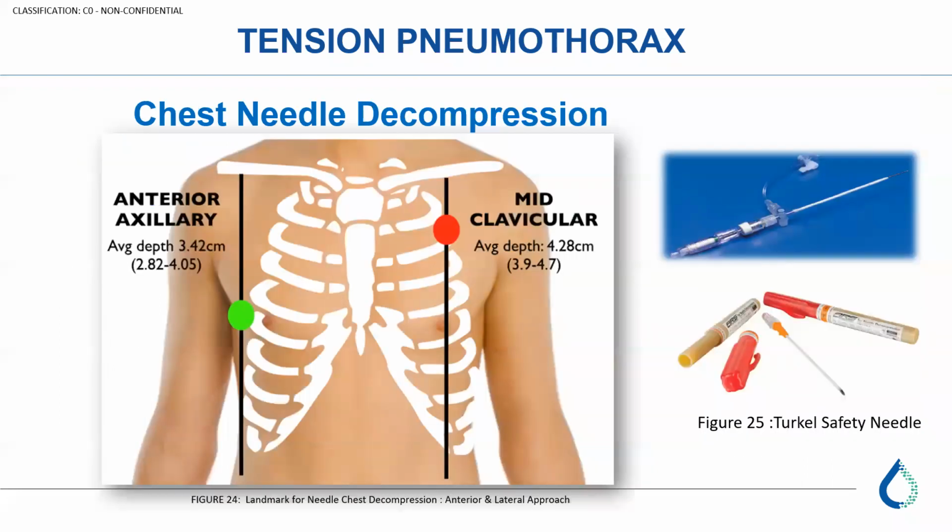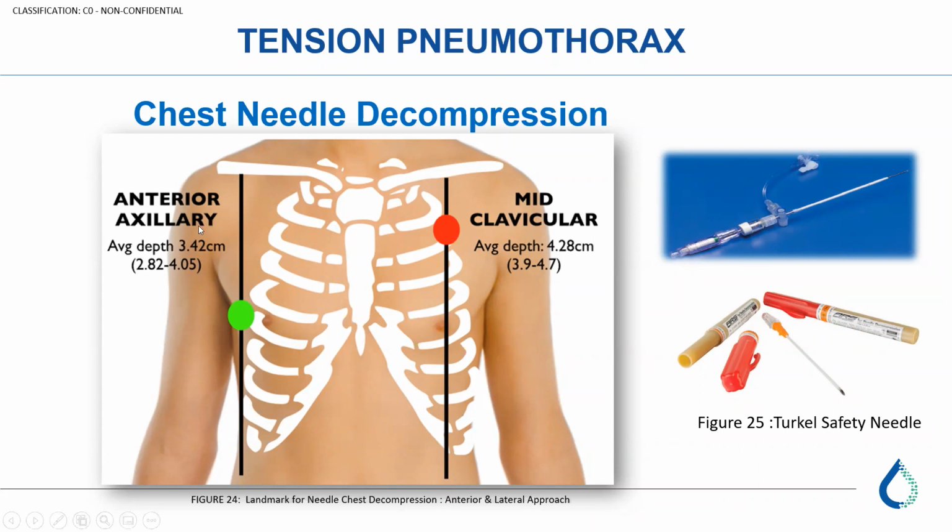Just to give you an idea, the anterior and the lateral approach. Okay, we all know about the anterior approach. It is the mid-clavicular line, second intercostal space just above the third rib, as you can see here. Then decompress with a needle at least 5 centimeters in length, or a 14 gauge needle.